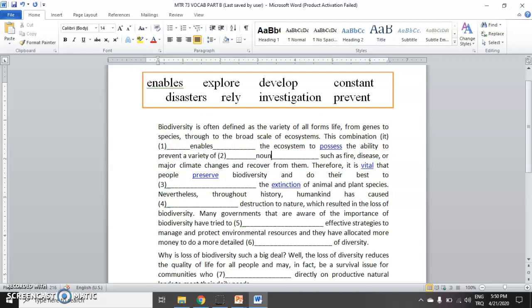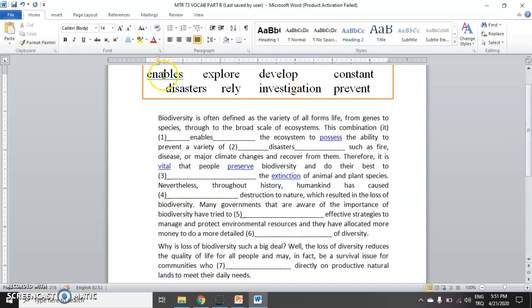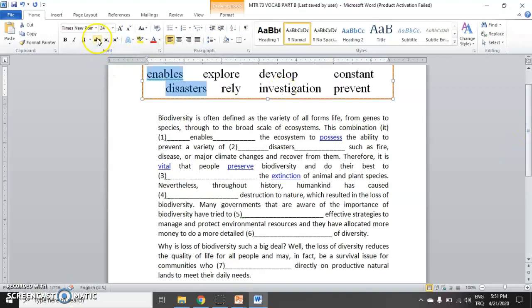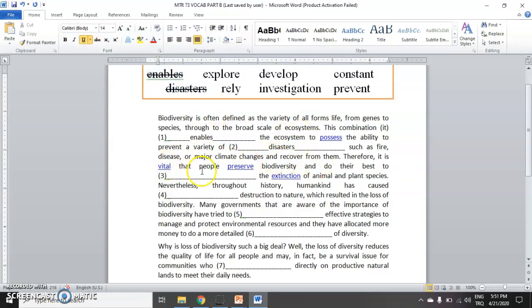Okay, for the next one, the ability to prevent a variety of something. So we need a noun here, such as fire, disease, blah, blah. Now, as nouns, we have investigation and disasters. And these are examples for disasters. So the answer should be disasters. Okay? Therefore, it is vital, as you have checked before, vital means very important, and preserve means to protect the diversity and do their best to do.